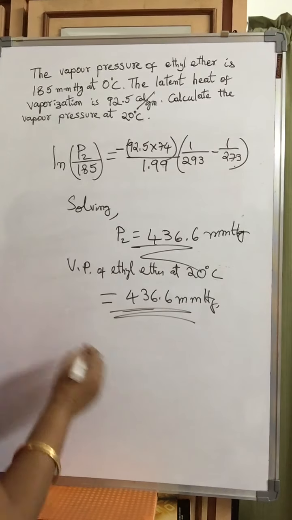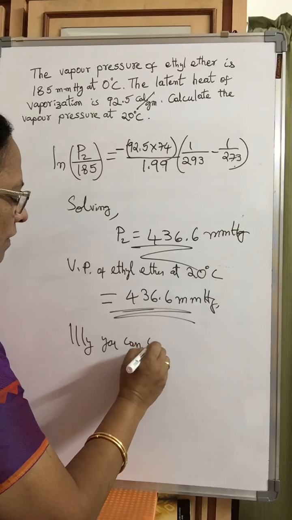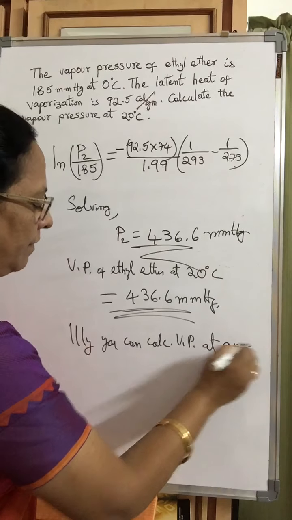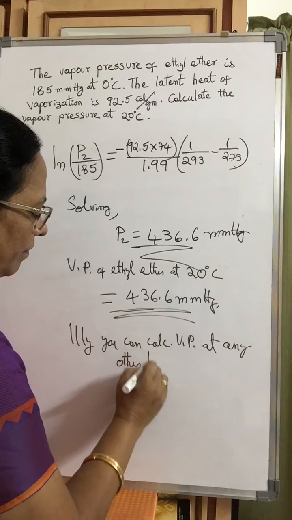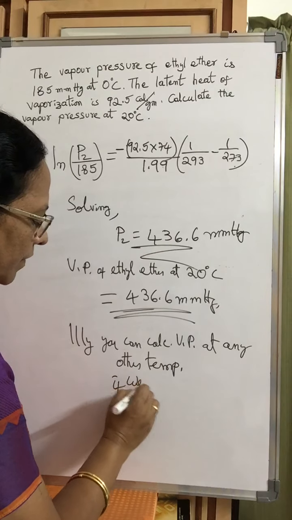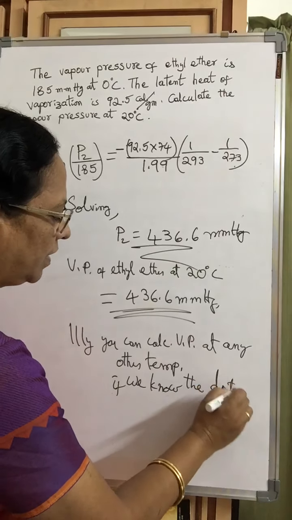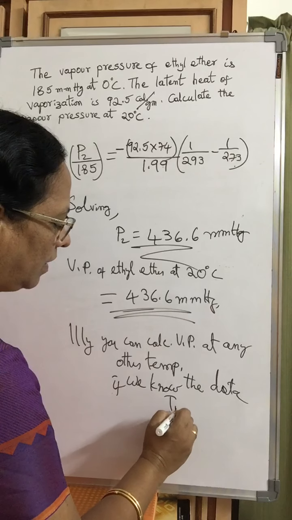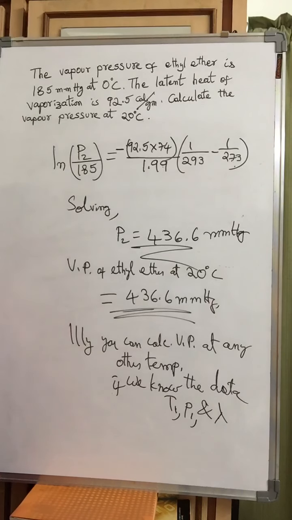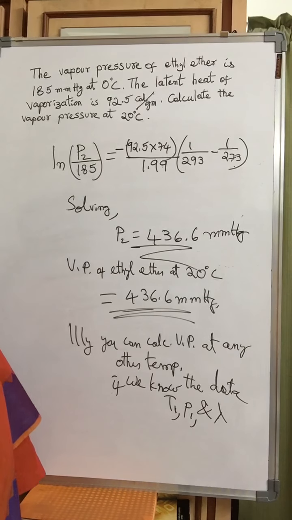Similarly, you can calculate vapor pressure at any other temperature if we know the data. What data is required? Some P1 and lambda. So this is the application of the Clausius Clapeyron equation.